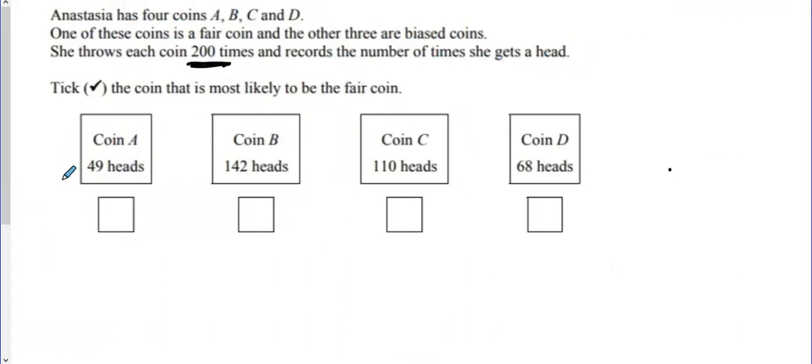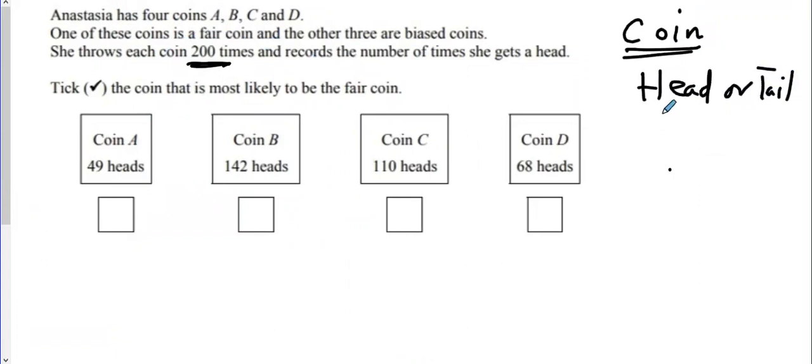So in this experiment each coin was thrown 200 times. A coin is said to be fair if there is an equal chance of getting a head or a tail.